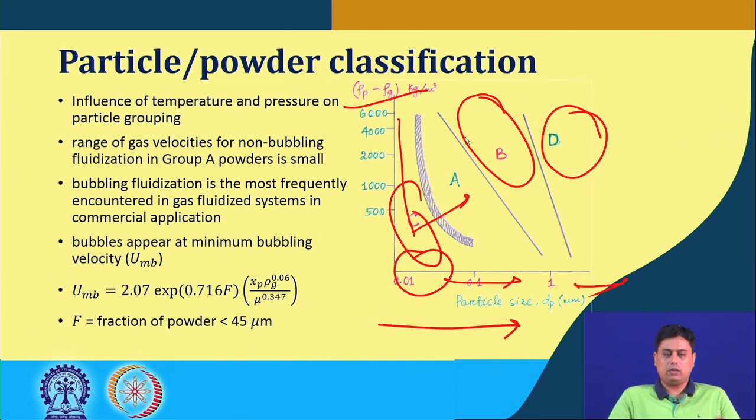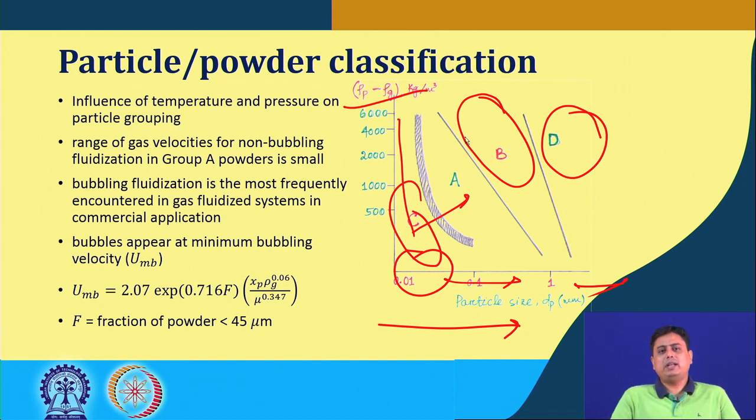Since the range of gas velocities is lower with group A particles, and as you have seen with group B, there is no window of non-bubbling fluidization; only bubbling fluidization happens at ambient or general conditions.